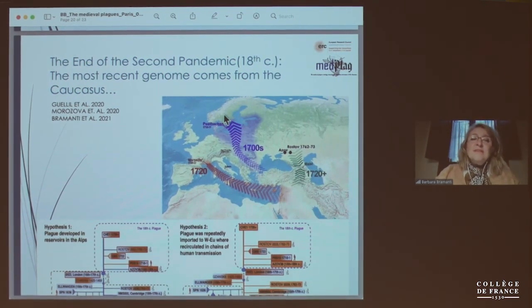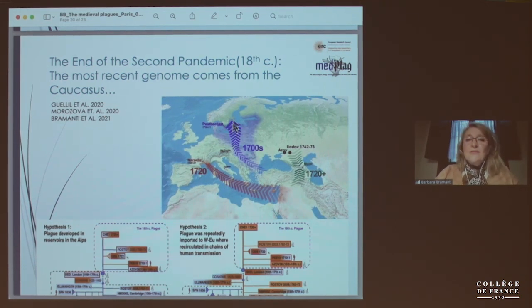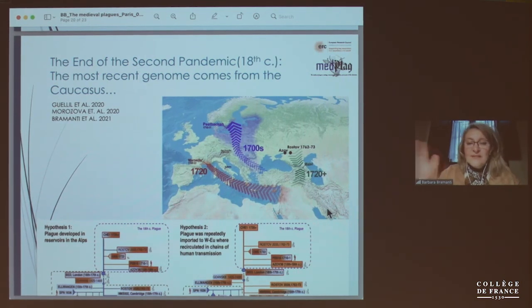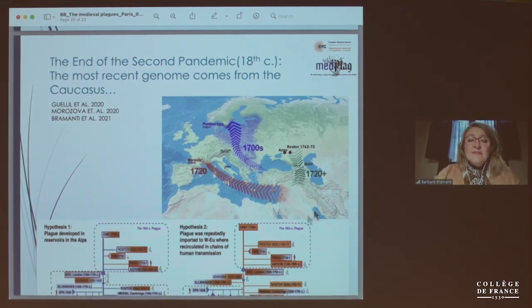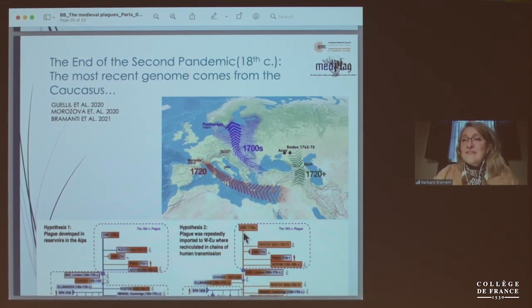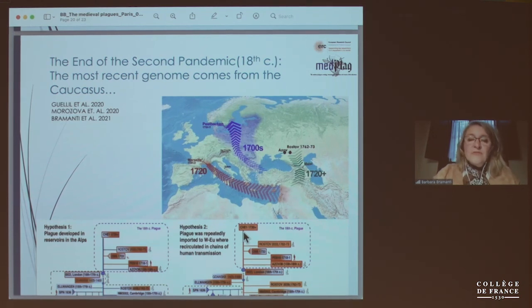We know that the strain that we have analyzed from Pest originated from the Anatolian part of the Mediterranean basin. And then you can see that also the most recent sample that we have came from the Caucasus.